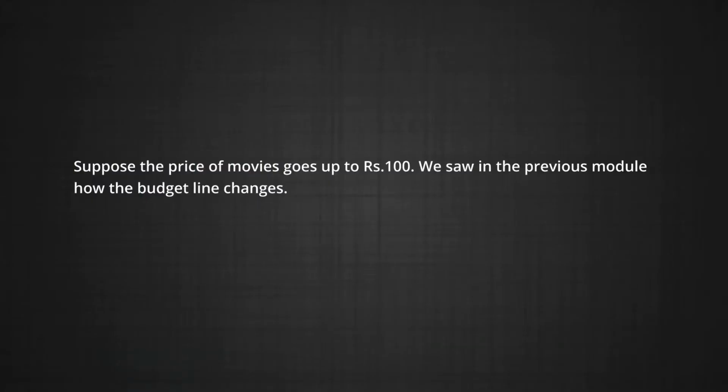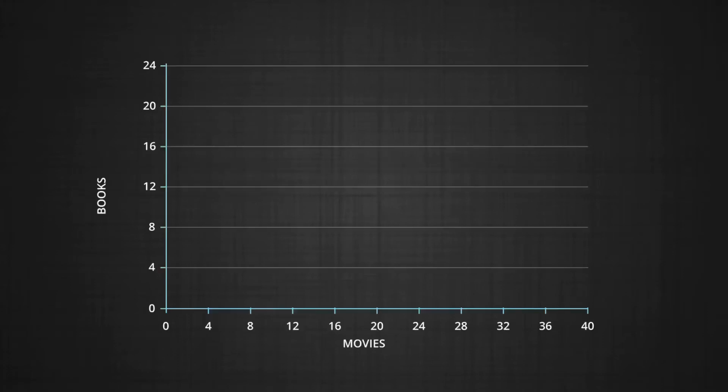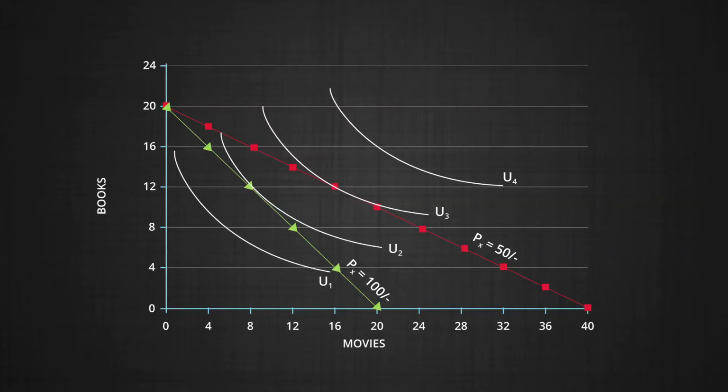What happens if the price of movies changes? Suppose the price of movies goes up to rupees 100. We saw in the previous module how the budget line changes. This is depicted in figure 2 shown here. Superimposed on the budget lines is the consumer's indifference map. The consumer's old equilibrium, E1, is now beyond his new green budget line.